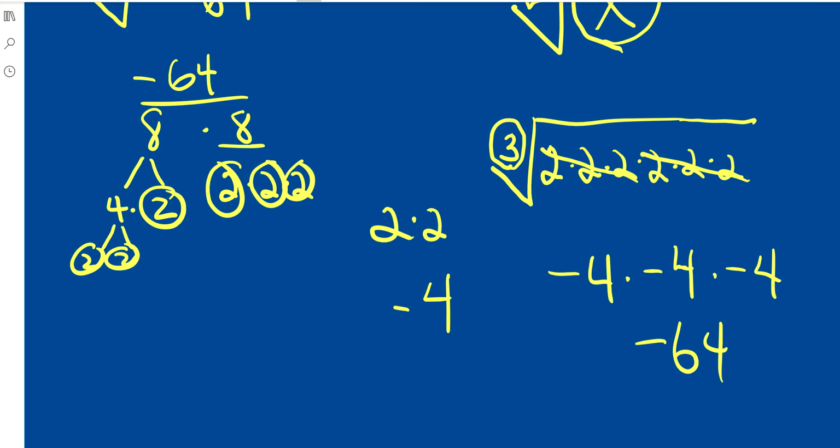All right, let's see another one. They've got a list there on page 512. Next one is the square root of negative 25. And what do we know about that? What can we say about it? It's negative. We cannot have a negative under the square root.